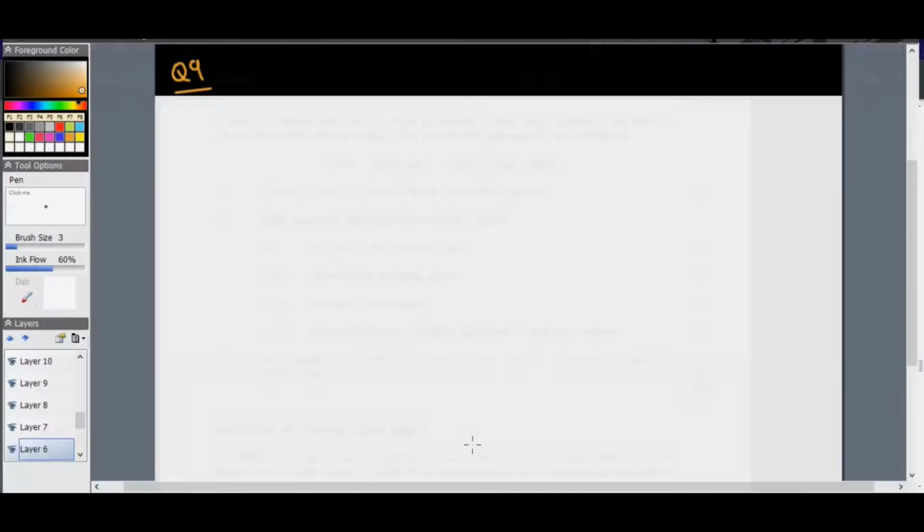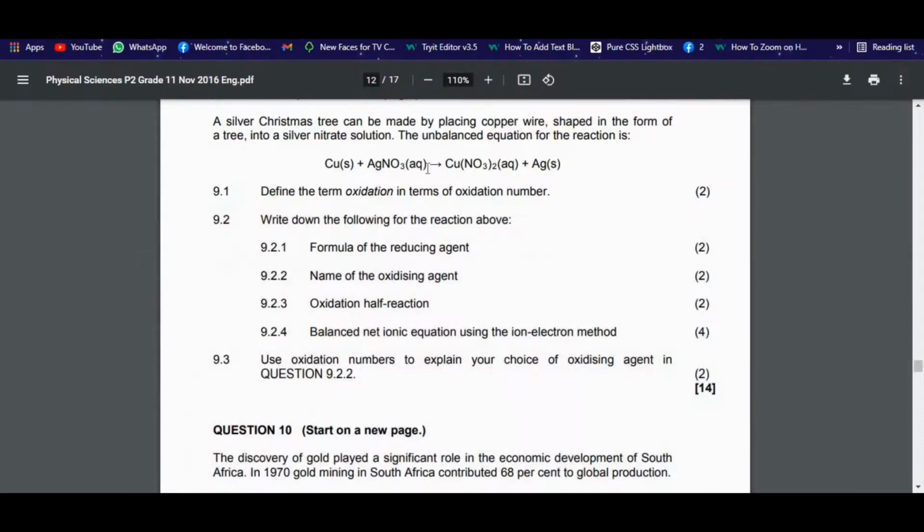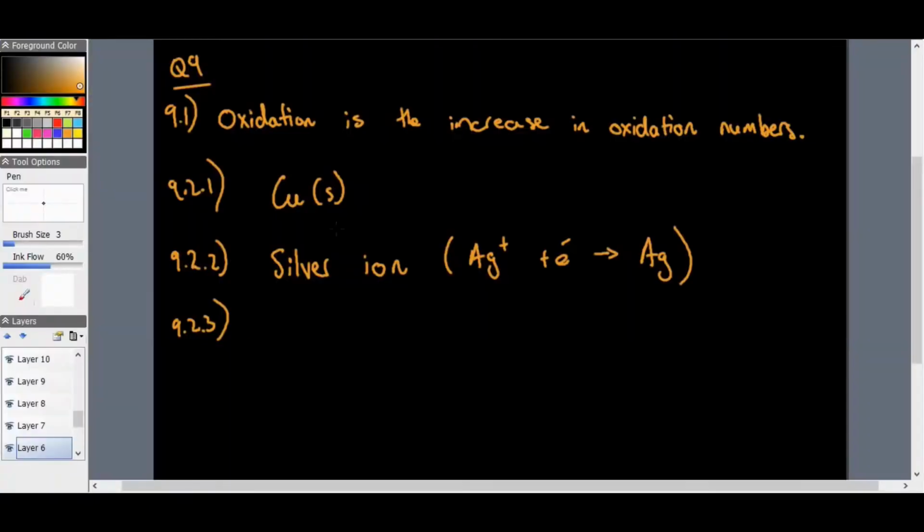9.2.3, the oxidation half reaction. Well, it's the half reaction of copper. There is more than one copper half reaction, so you've got to find out which one this is. I can see nitrate here has a 2 at the end of it. So we know how copper and nitrate will bond, because copper must make 2 plus and nitrate must make, I think, negative 1.